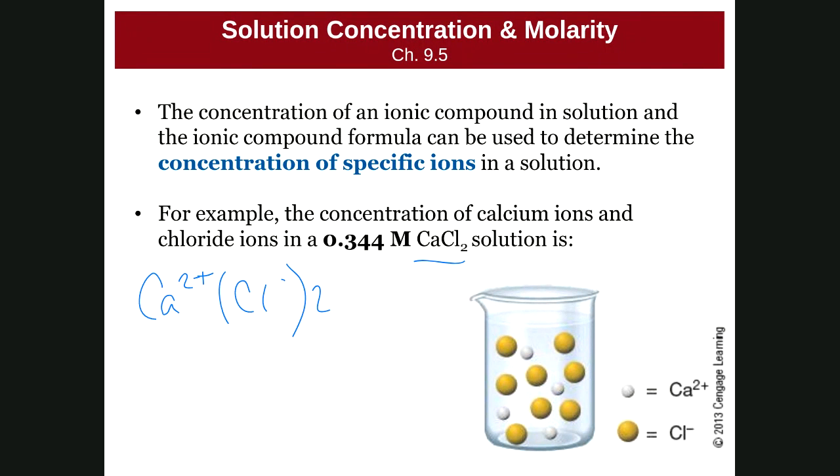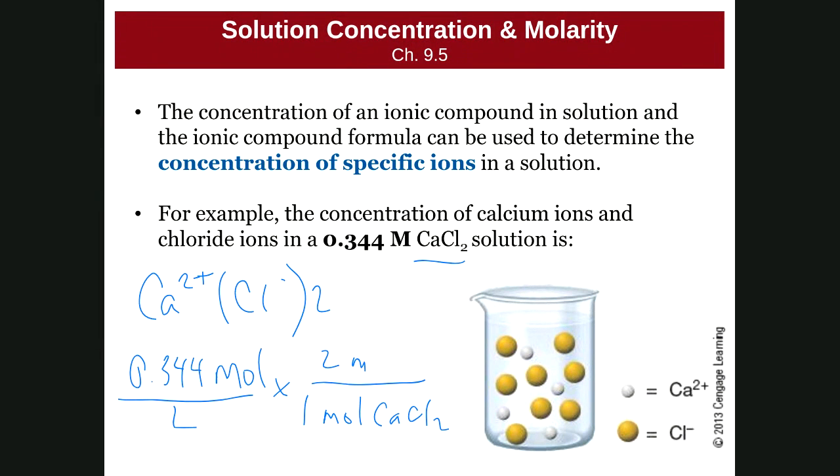So let's see what happens. If we have a 0.344 molar calcium chloride solution, then that means there's 0.344 moles per liter of calcium chloride, and for every 1 mole of calcium chloride, there are 2 moles of chloride, 2 moles of chloride ions.